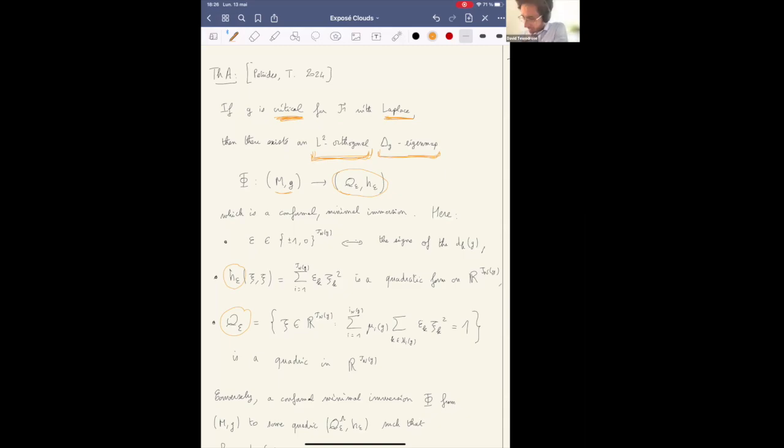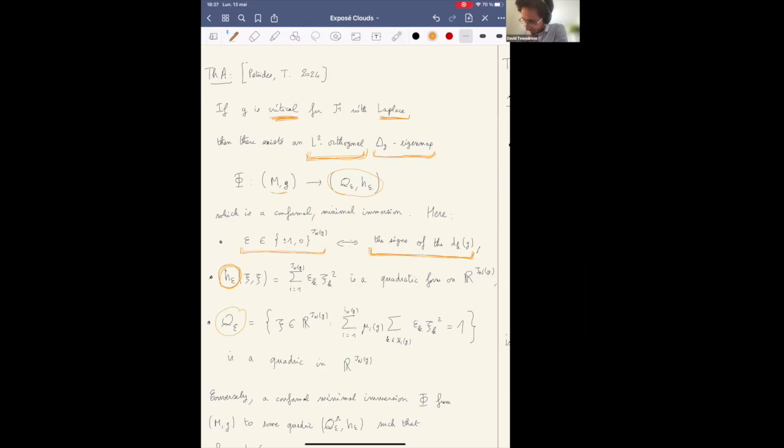So here epsilon is a tuple of signs. Okay, so +1, -1, or 0. I will not give the exact meaning of this, but these numbers are related to the signs of the partial derivatives of the function big F. Now from these signs, we can define a quadratic form H epsilon, which is just given like that.